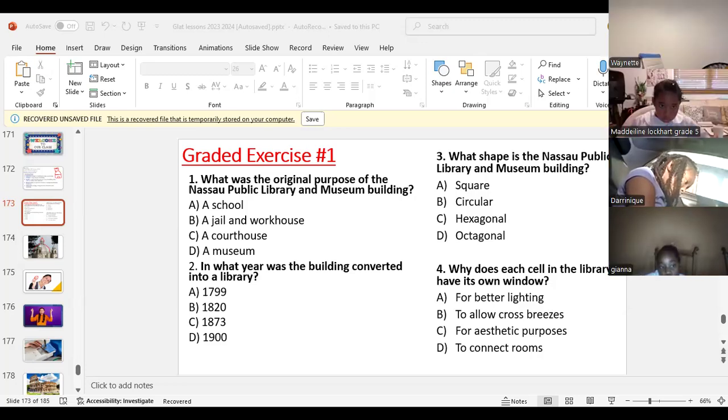Gianna, what number you on? Number 4. And I'm on number 3. Okay, good. Daranique, what number you on? I'm on number 6. Number 6, okay.